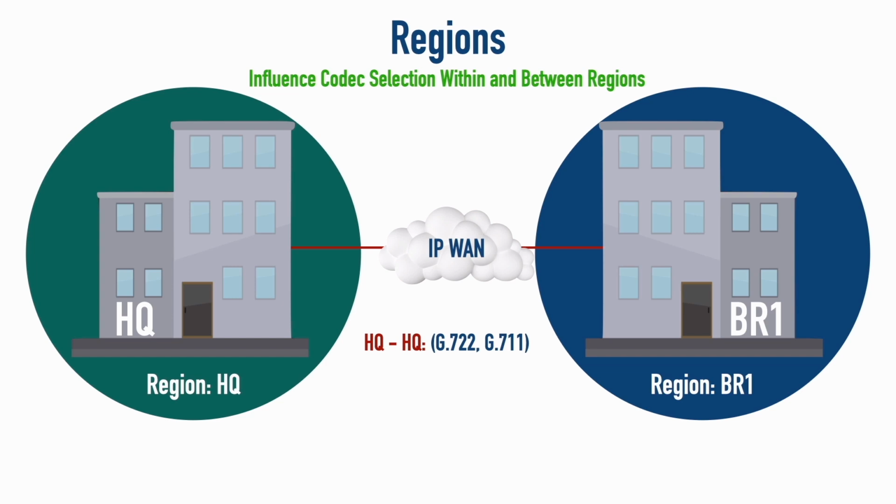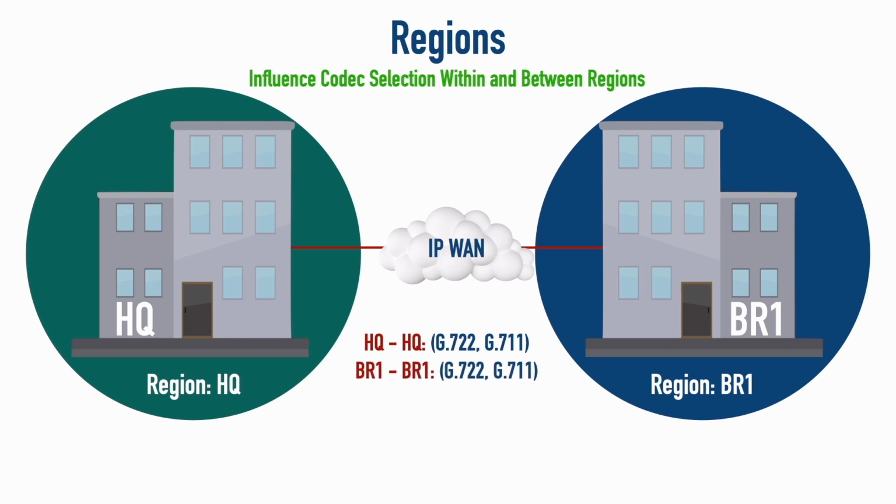But maybe my endpoints wanted to negotiate iLBC or G.729. G.729 only takes up 8 kilobits per second. Well, that falls under the threshold of 64K that I've set by specifying G.722 or G.711. So yeah, if the endpoints wanted to use iLBC or G.729, they could definitely do that.